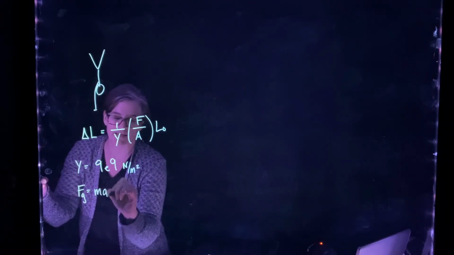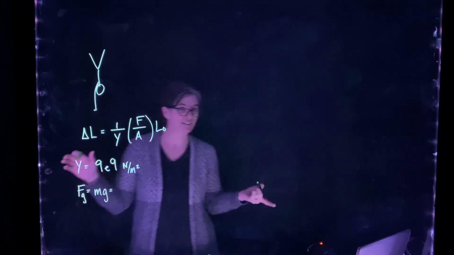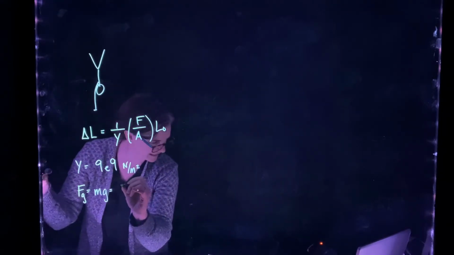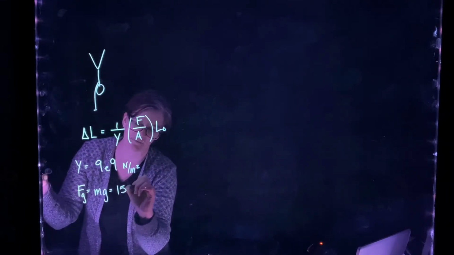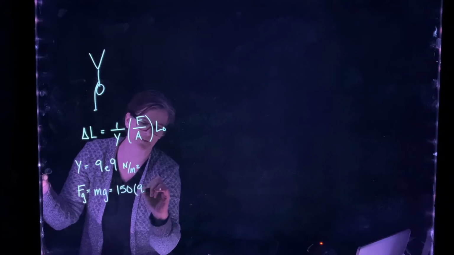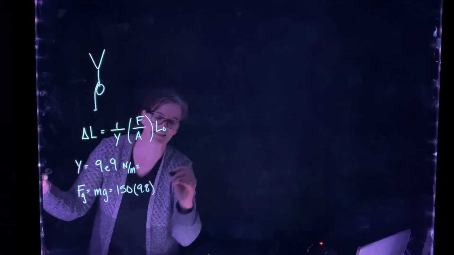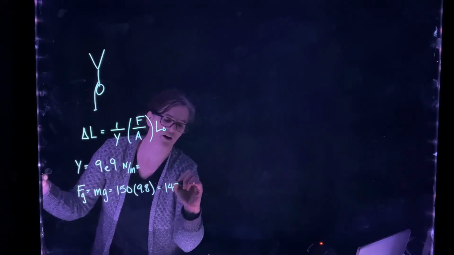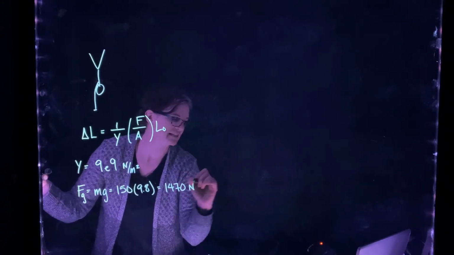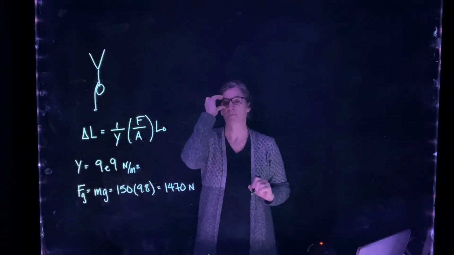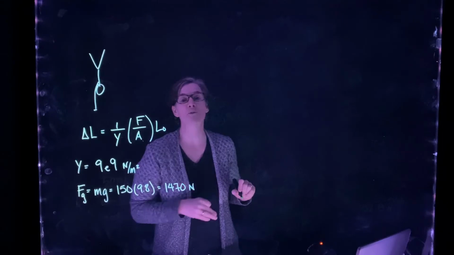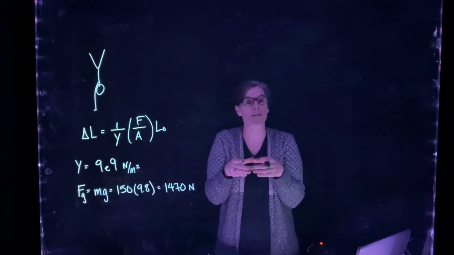So that's going to be m times g. We're given that the wrestler is 150 kilograms times 9.8. So the force acting down on that arm is 1470 newtons.